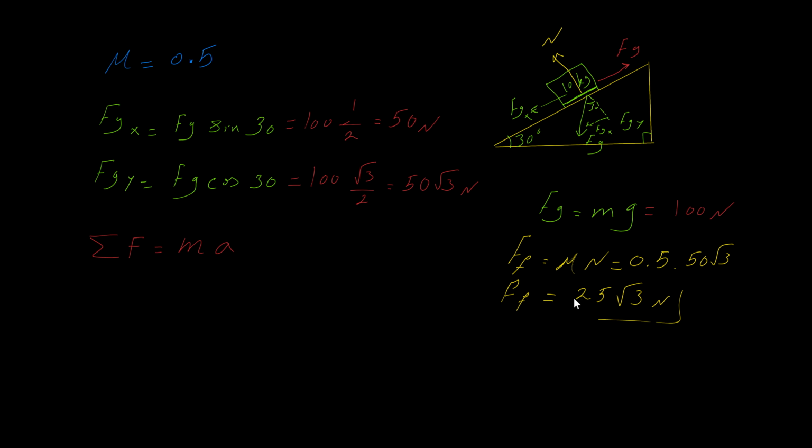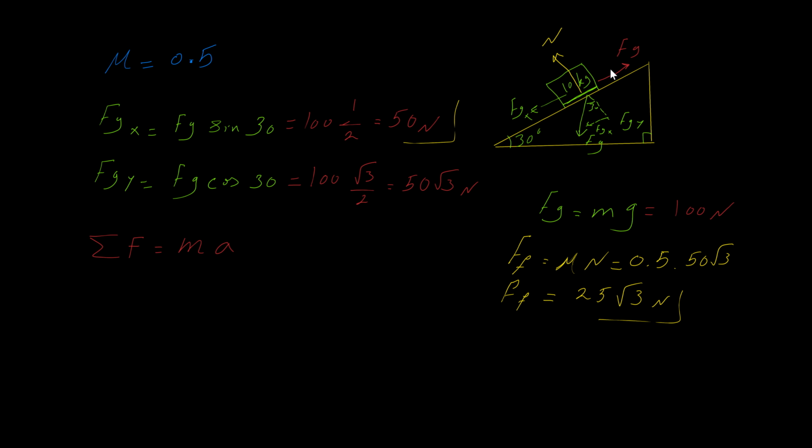So we found the force of friction, and we found the force of gravity pulling it down. Now we need to add these two together and get the summation of the forces. One thing we need to be careful about is that the force going down is in the direction of the movement, so it's positive. The force of friction is in the opposite direction. These are all vectors, so direction matters.